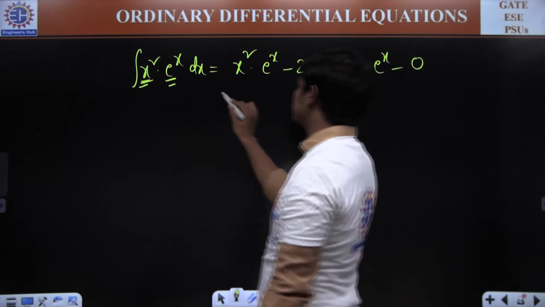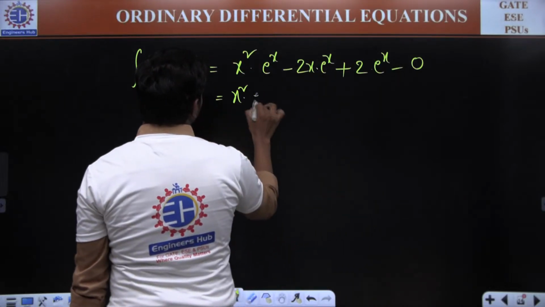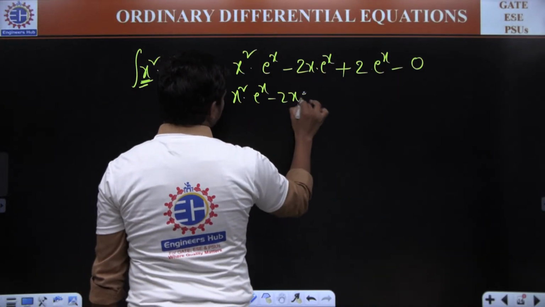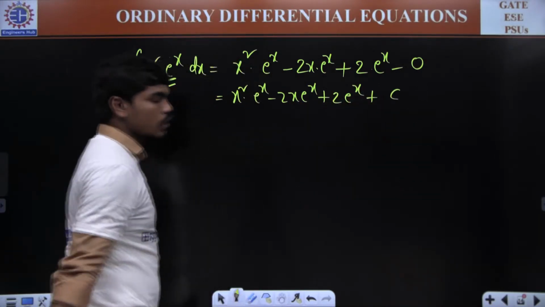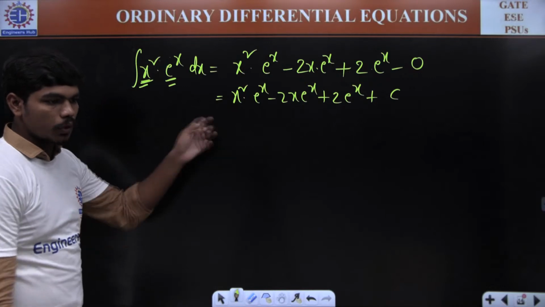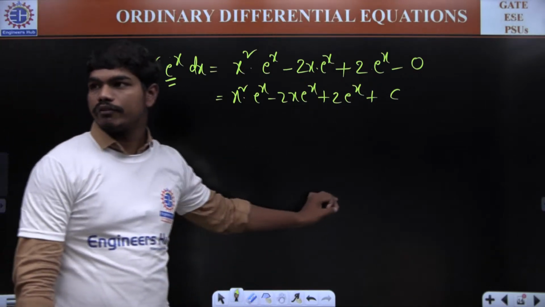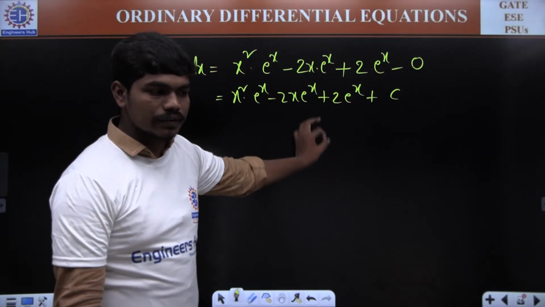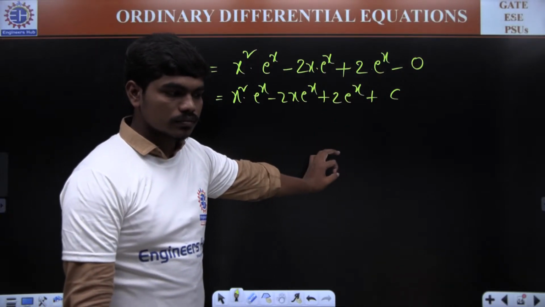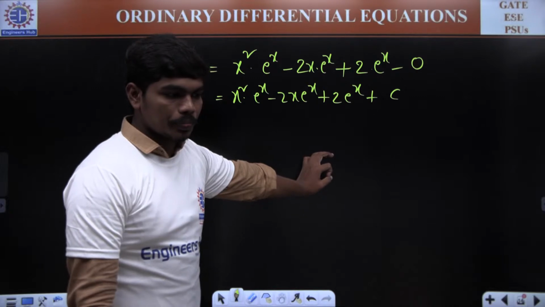So the integration of this is x square into e power x minus 2x e power x plus 2 times e power x, plus constant, of course, some arbitrary constant you will be writing. So plus constant, this is what you have. Okay, I told you this technique if you remember. Did you all remember? In the course of basic calculus we have solved this. Correct?